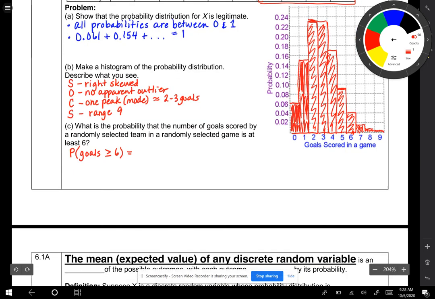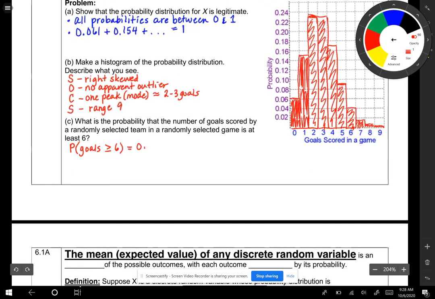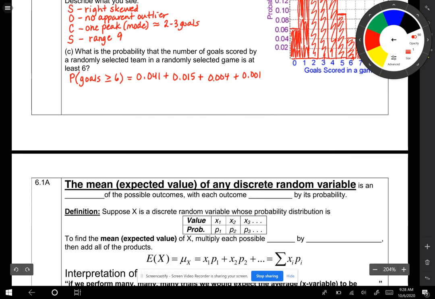So we're going to add those up. So 0.041 plus 0.015 plus 0.004 plus 0.001. And that equals 0.061. And that's your probability.